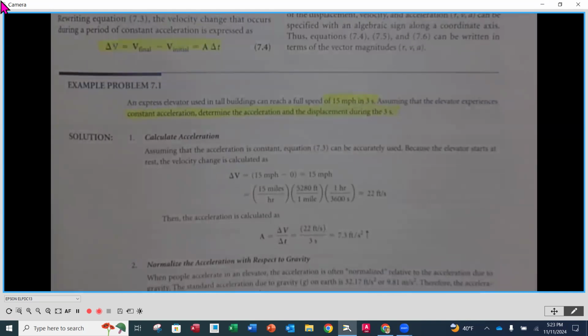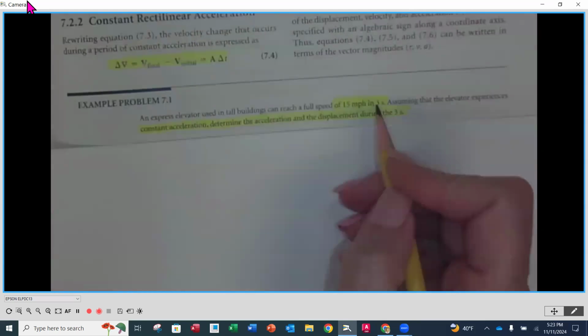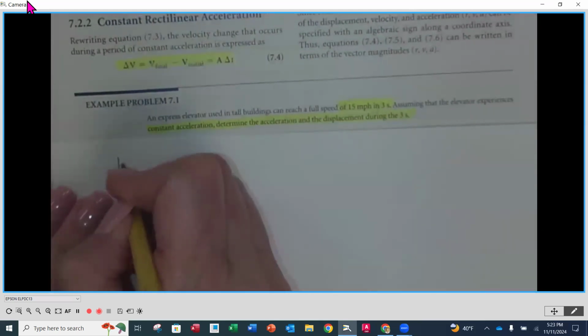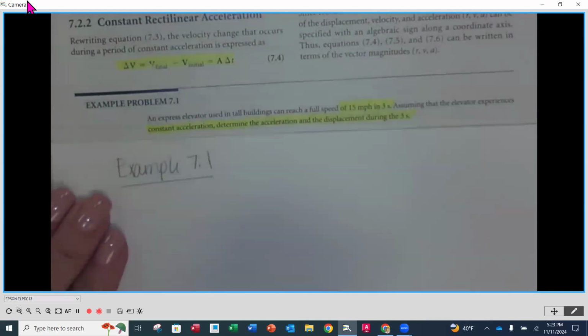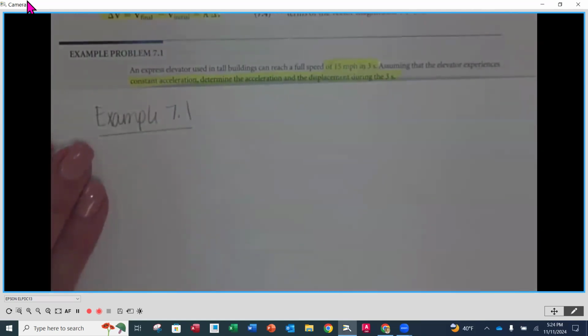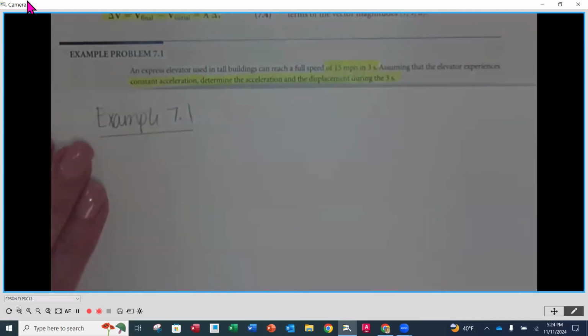As we look here, we want to first identify what variables we know in this problem. This is our first practice problem, and we've got 15 miles per hour. What variable would that be?